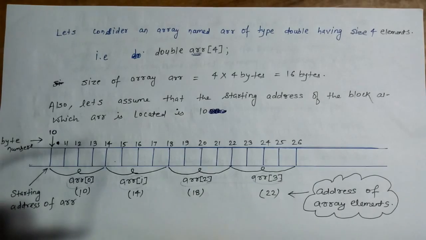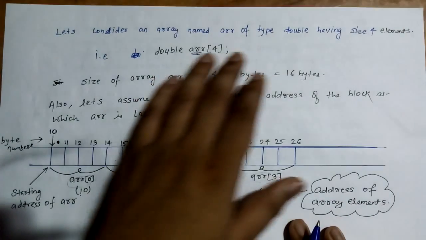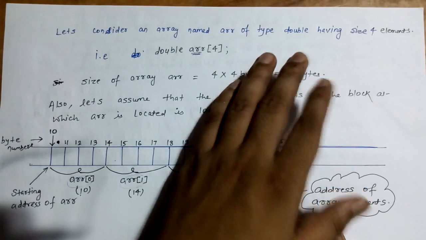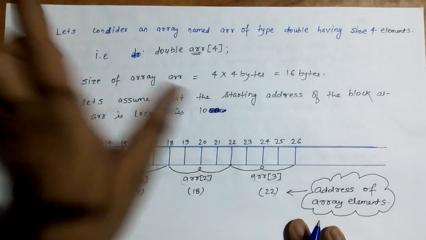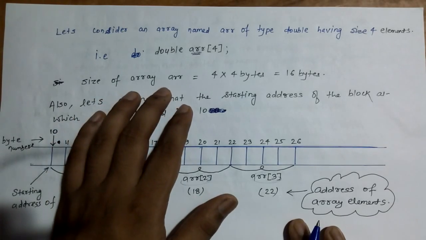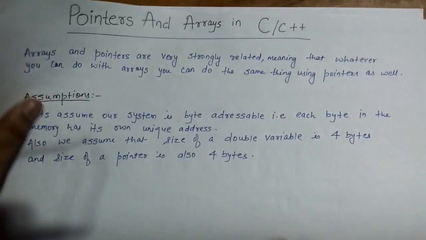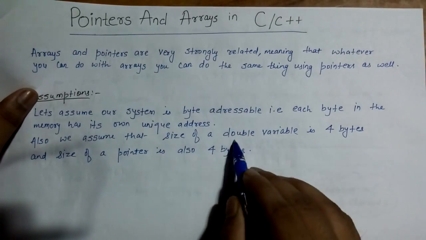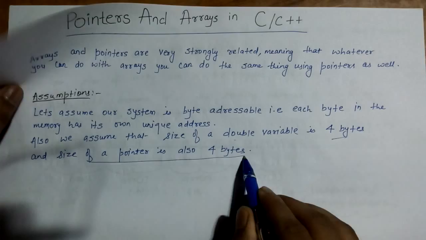Now let's consider an example to understand the things. We will consider an array of type double having 4 elements. So the size of our array is 4 into 4, which is 16 bytes, because we are assuming that the size of a double variable in our system is 4 bytes, and also the size of a pointer is 4 bytes.